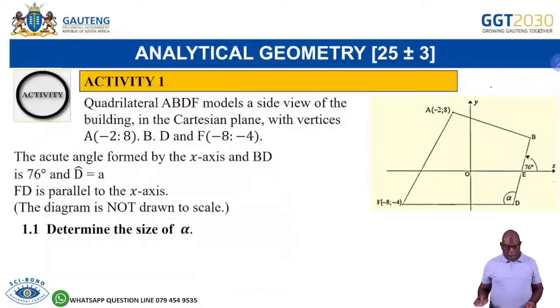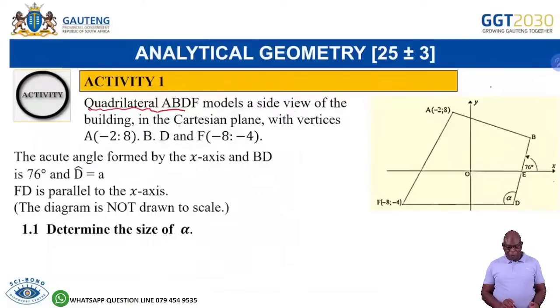When I'm doing this question, I'll also be giving the mark allocation. You can see quadrilateral. Obviously, you need to understand quadrilaterals. You must understand which one is a square, which one is a rectangle, which one is a rhombus, which one is a kite, and all that. Those you must go and practice.